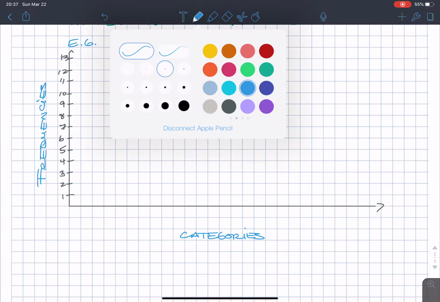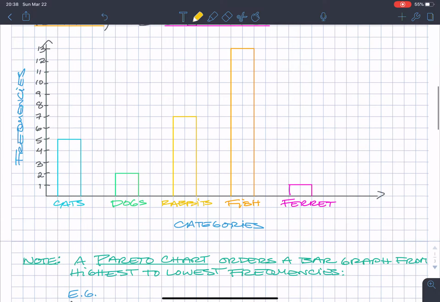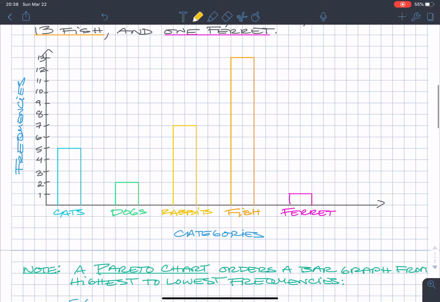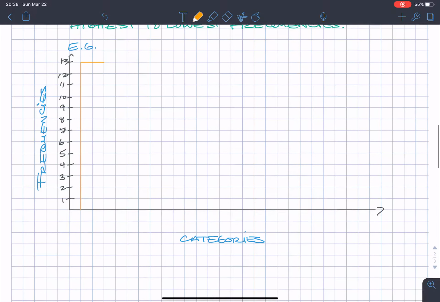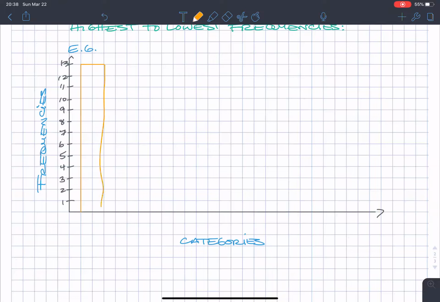But now I have to order this from most frequent, which is fish, for a Pareto chart. So now my first rectangle will be the most frequent. So this is fish to come first.